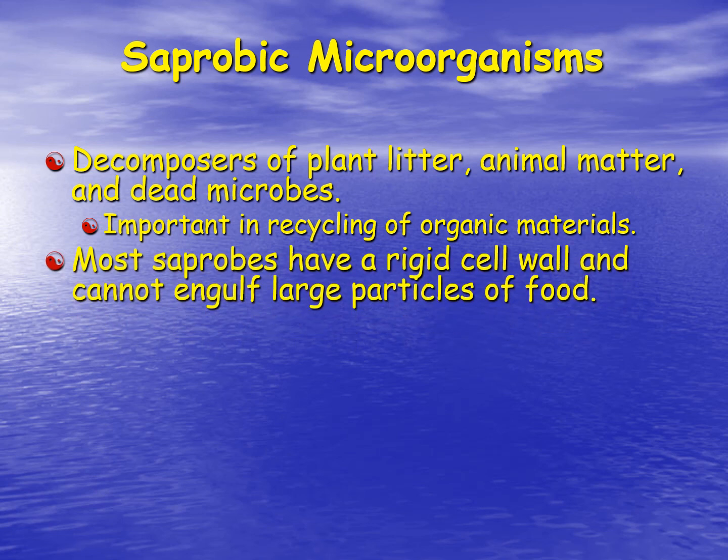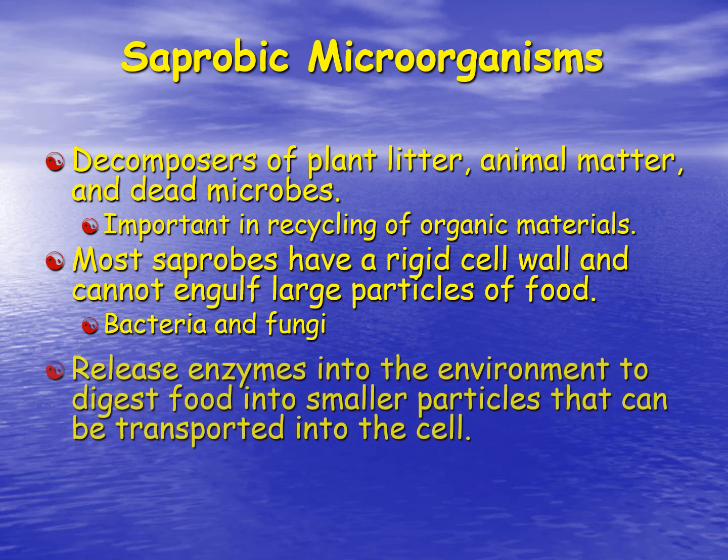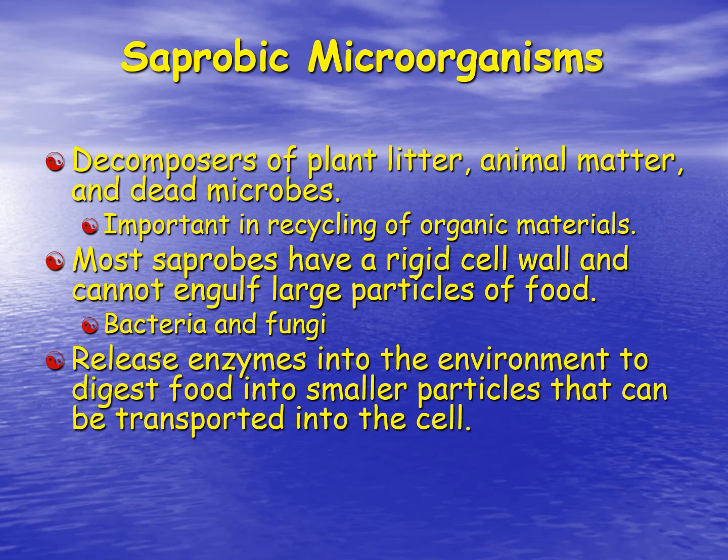Most saprophytes have a rigid cell wall and cannot engulf larger particles of food, so they have distinct ways of bringing the nutrients into the body of the cells. They release enzymes into the environment that digest the food into small particles that can then be transported through the cell membrane.